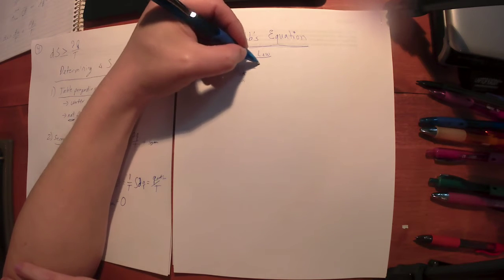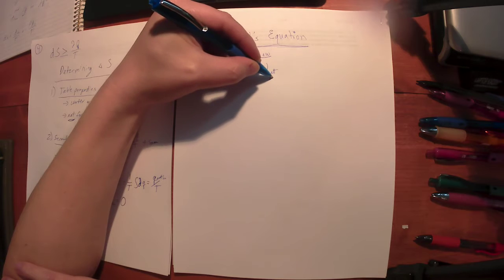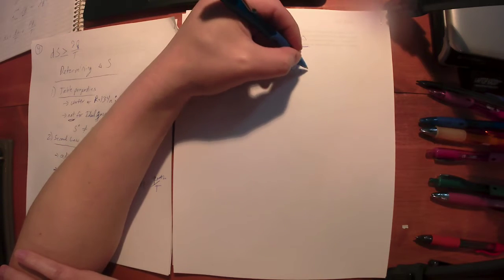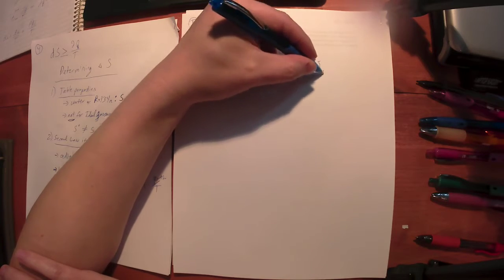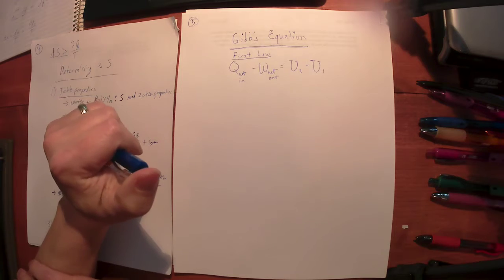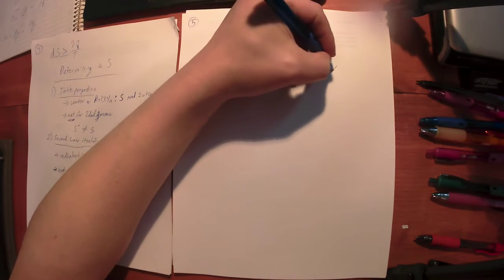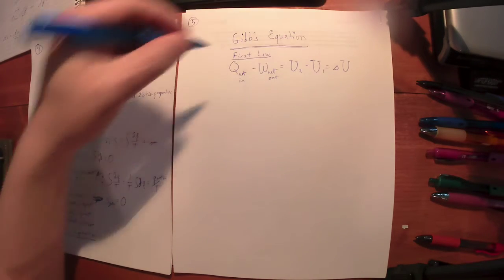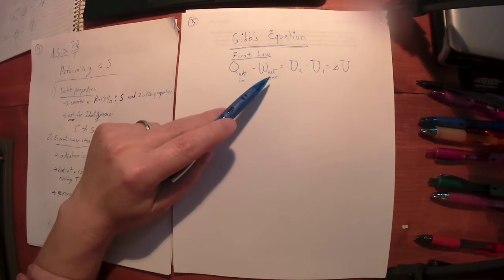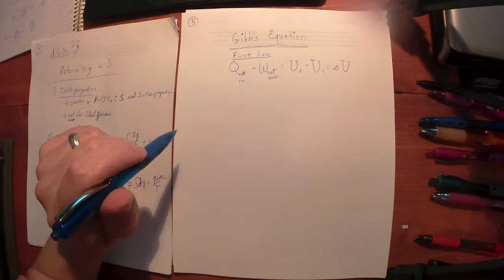Q net in minus W net out is equal to the change in internal energy. We'll say U2 minus U1, big U2 minus big U1, or m delta little u if you like. Okay, so this is delta big U, the total change in internal energy. Heat net in minus the net work out equals change in energy.